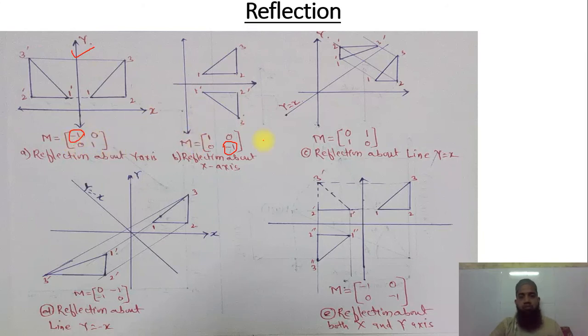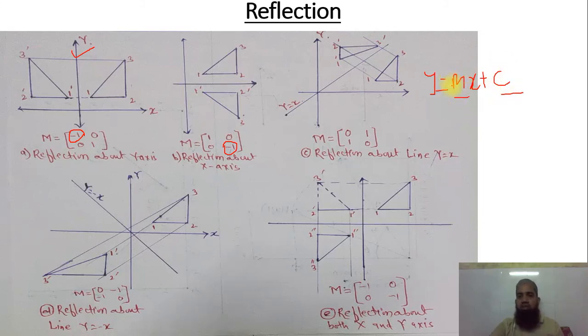Also remember, if it is reflected about the line y equal to x, that line passes through the origin, because the equation of a line is y equal to mx plus c, as we know. Here the slope is not 0, it is 1, and the intercept is 0.